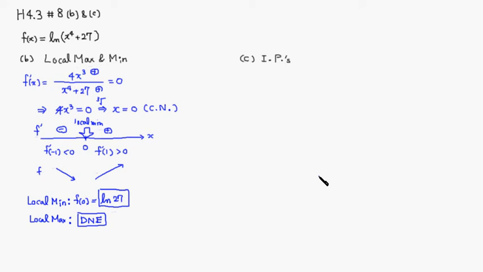All right. So now we can talk about the second derivative so that we can find the inflection points. So I'll take another derivative. So you take f double prime of x, right? All right, we're going to have to use a quotient rule here. So let's take the quotient rule, right?